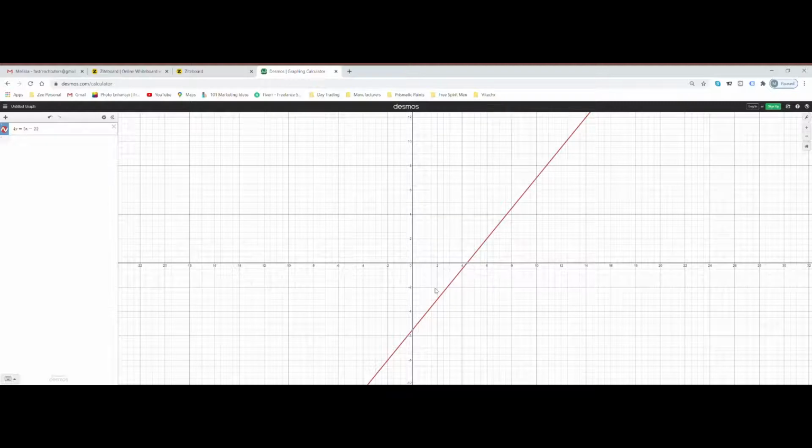The point that was given to us was 2 and negative 3, which you can see here. The other point that we found was negative 2 and negative 8, which is right here, and it's also on the line. And the other point that we saw was 14 and 12, which is also on the line. So that is the equation, and this is a graph of the equation.